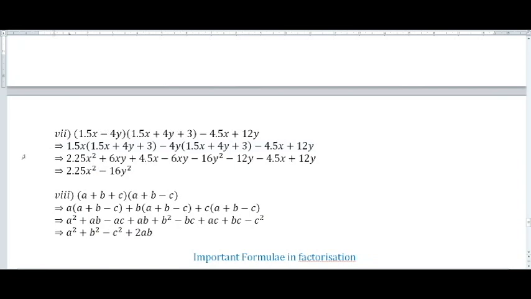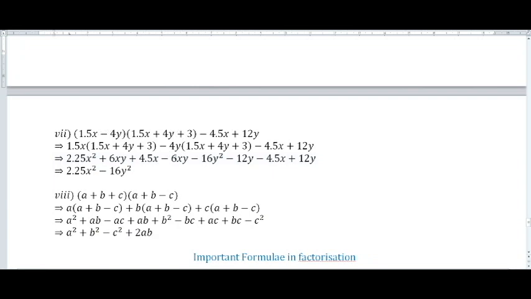Okay, let's multiply. 1.5 into 1.5 is 2.25. X into x is x squared. Plus 1.5 into 4 is 6. X into y is xy. So 6xy. Plus 1.5 into 3 is 4.5. This x will be carried on with it.